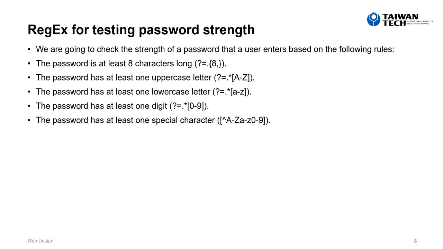Okay, this is great. But if you fit all 5 rules, I will tell you your password strength is really strong, and that is a strong password. Okay, so maybe you can use if else to check the password.